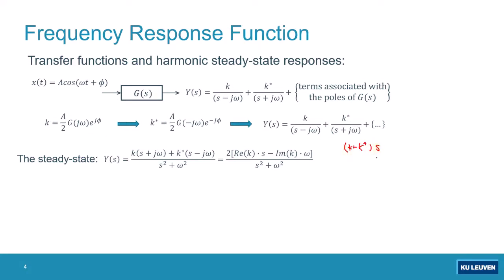My hand drawing is pretty bad here because I'm using my mouse, plus (k minus k star) times j omega. Please take note that I'm only writing the numerator here. K plus k star is equal to 2 times the real part of k, of course, right?